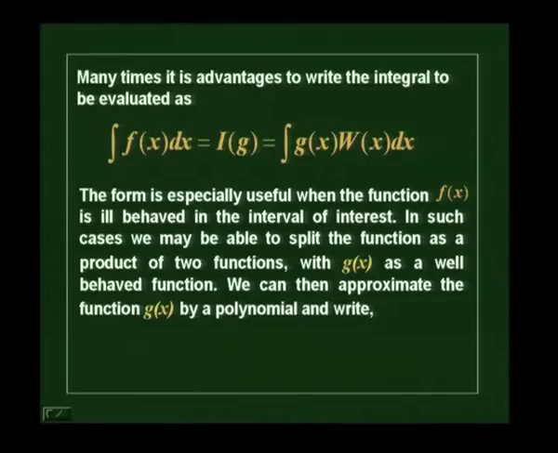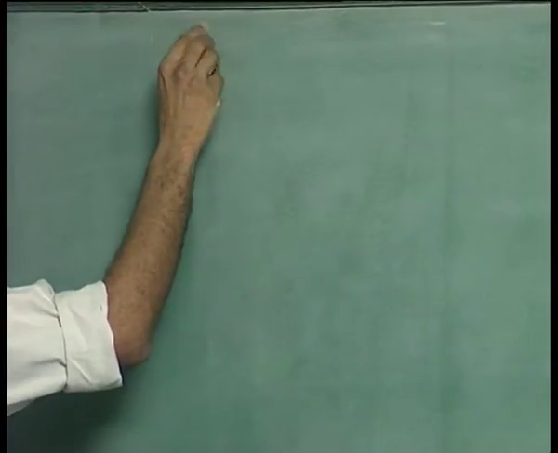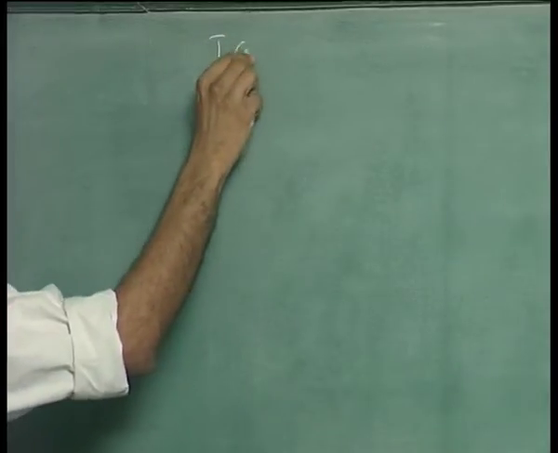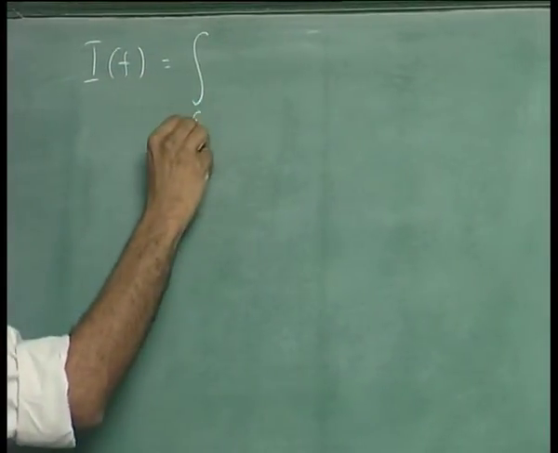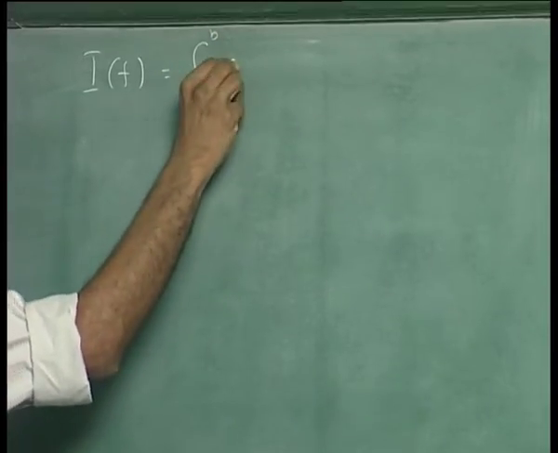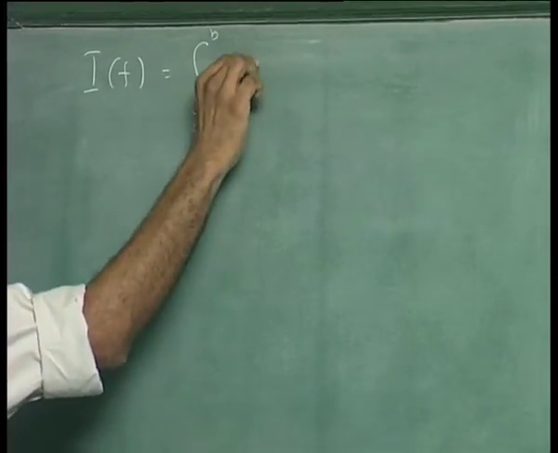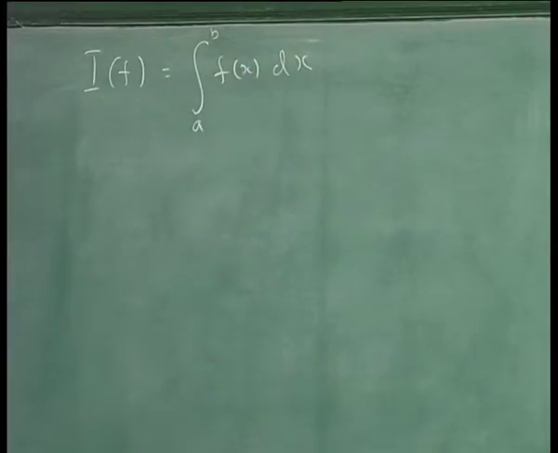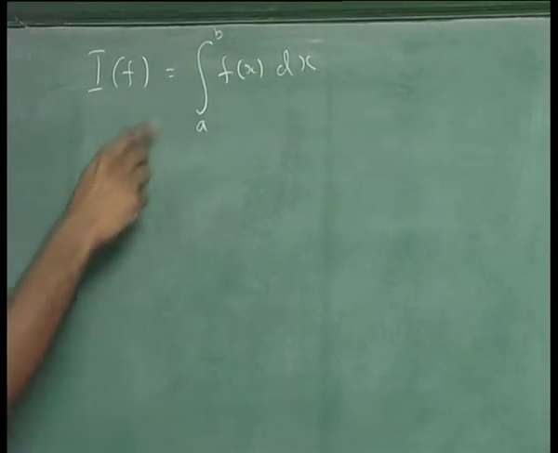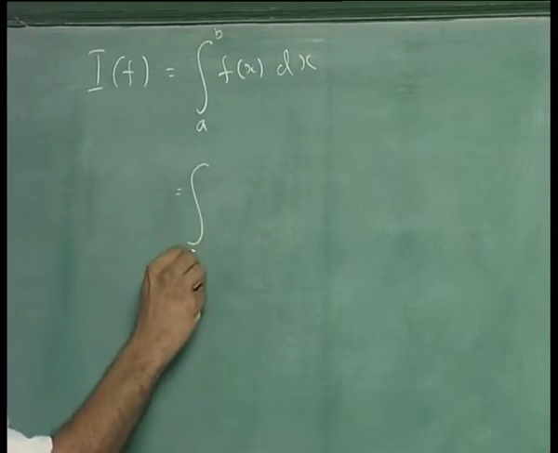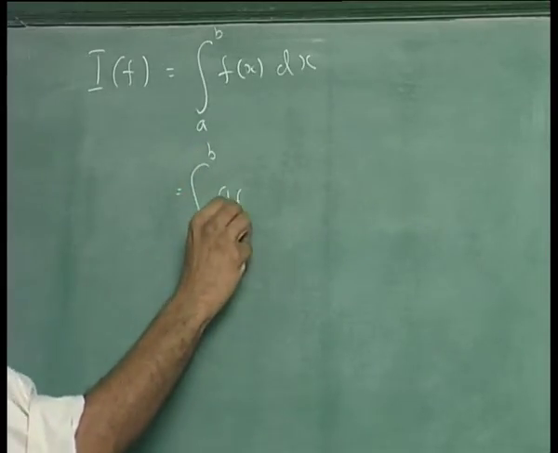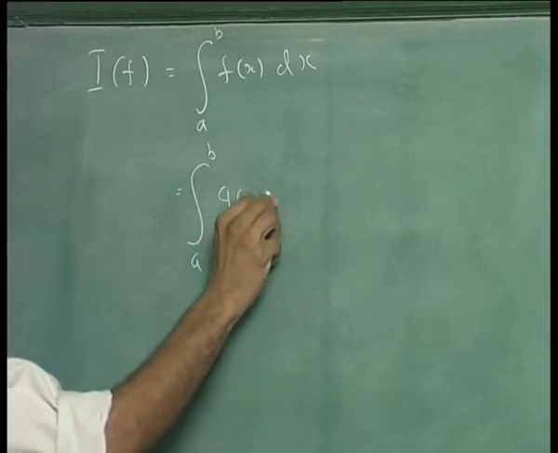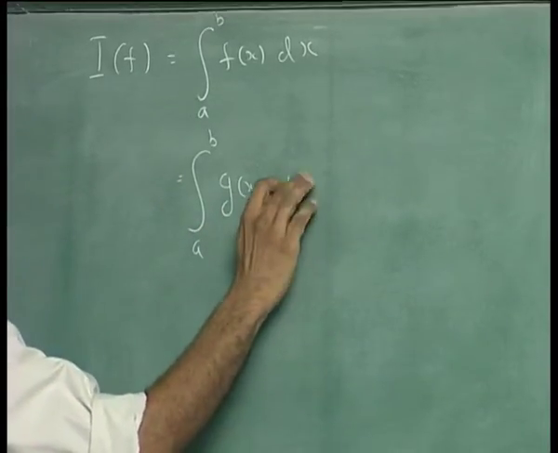So, we want to find the integral of f. So, I of f, which is actually the integral from a to b of f of x dx. Okay. So, now I want to approximate this by the integral from a to b of g of x, some other function g, into w of x dx.